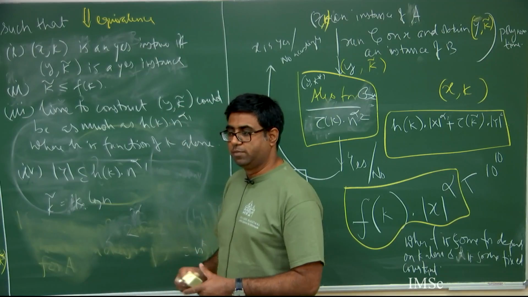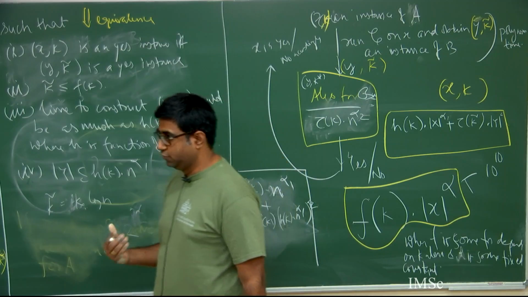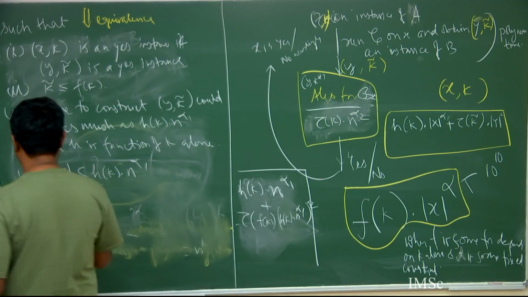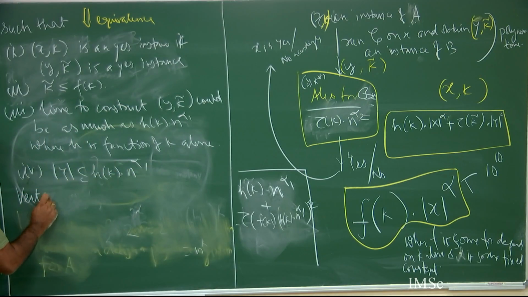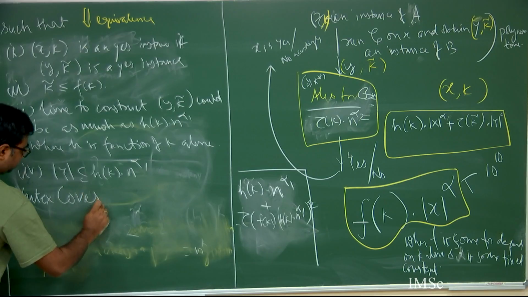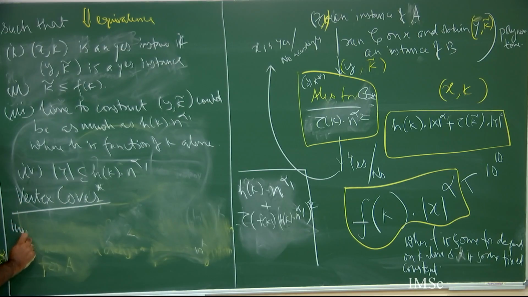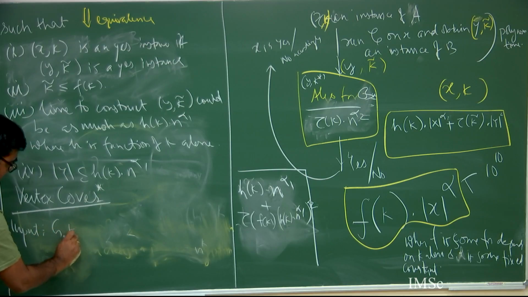I'll give you a very simple example, right? If I asked you the following question, let's say that I want to solve vertex cover star, okay? Because I'm putting a vertex cover star. Input is G and a number k.